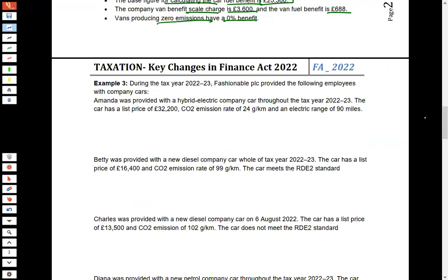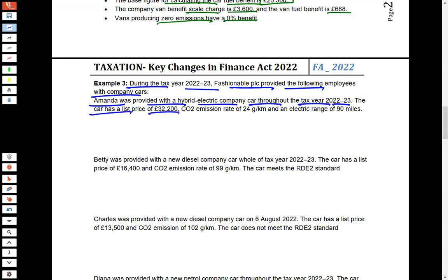So let me quickly look into an example which will guide me on how these changes are applied in the question. During the tax year 22-23, Fashionable PLC provided the following employees with company cars. Amanda was provided with a hybrid electric company car throughout the tax year 22-23.